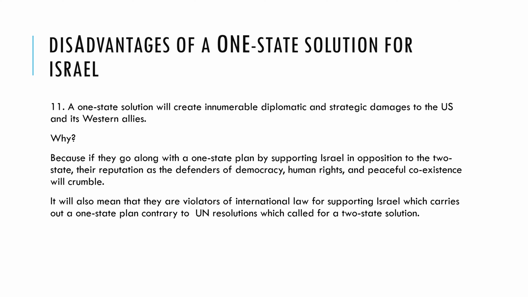It will also mean that they are violators of international law for supporting Israel, which carries out a one-state plan, contrary to UN resolutions, which call for a two-state solution.